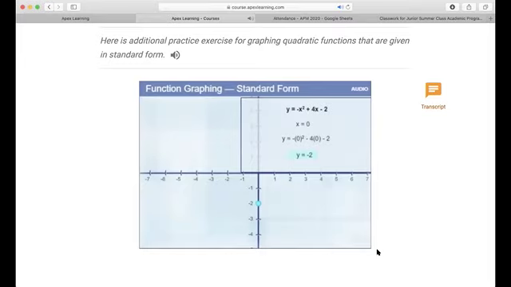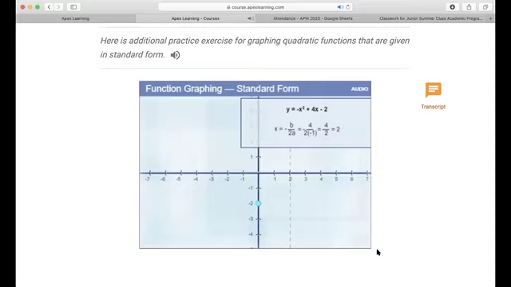So the y-intercept for the function is -2. Now you can turn your attention to locating the vertex of the parabola and determining the axis of symmetry. Previously, you saw that the axis of symmetry is found by making x equal to -b over 2a. If you substitute in the b and a values from the function, you can find the axis of symmetry must be at x equals 2.